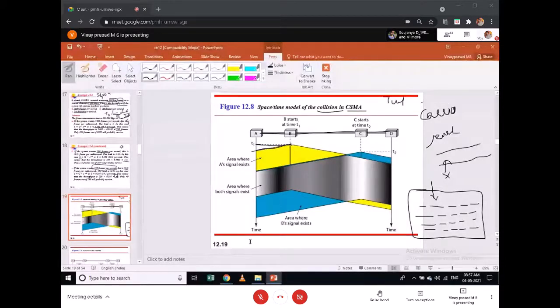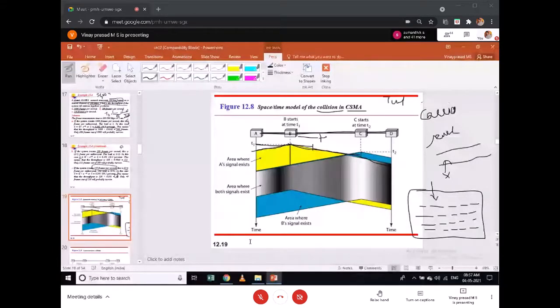As it starts, the bits it sends take some time to reach all the stations. Due to the propagation delay, after station B sends, it takes some time to reach station C and station D. That is the propagation delay Tp, isn't it?